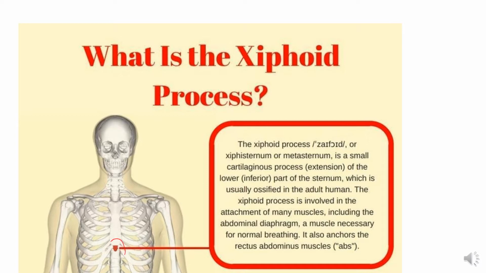So this is the tip of the bone, and it forms the joint with the sternum, which is known as the xiphisternal joint. This is usually a cartilaginous extension and it gets ossified in the adult human.